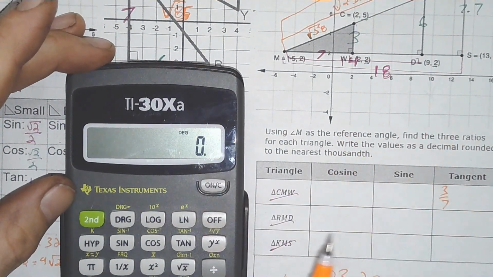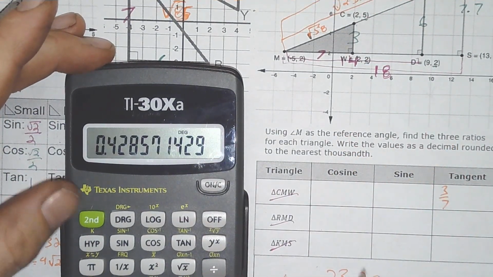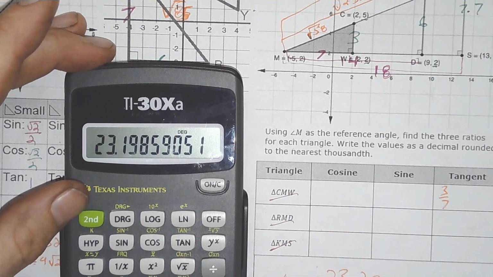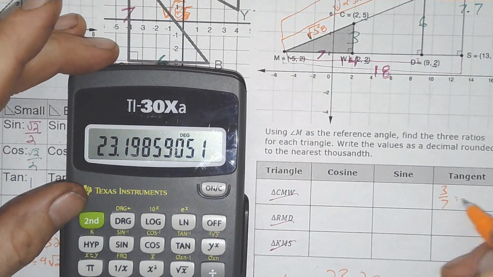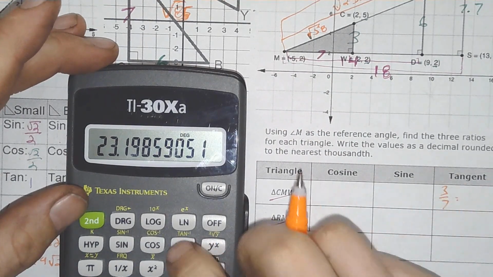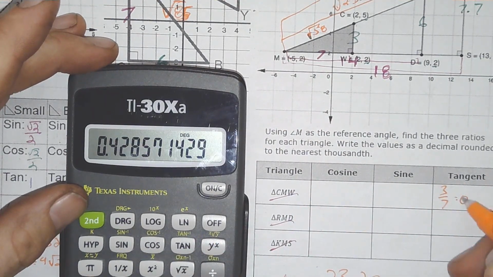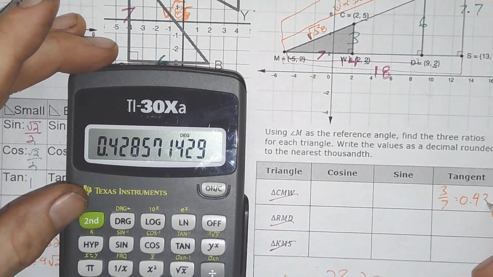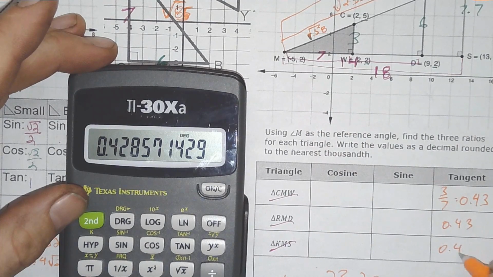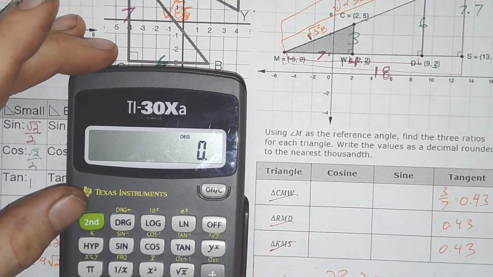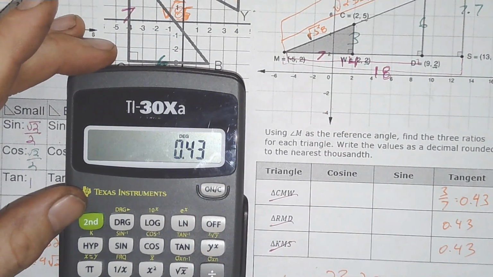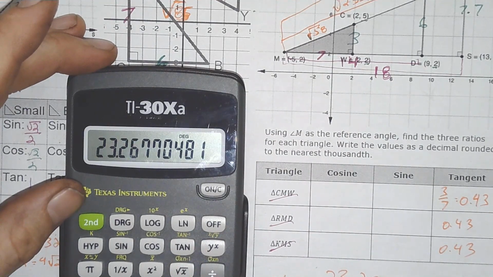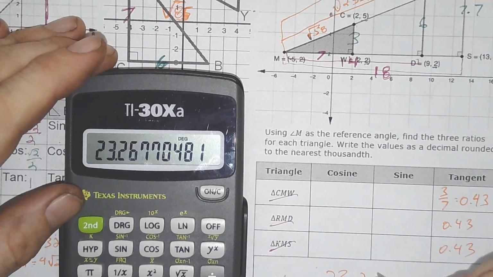Right, 6 divided by 14, inverse tangent, 23.20. Okay. The tangent is 0.43. So 0.43 inverse tangent is 23.20.